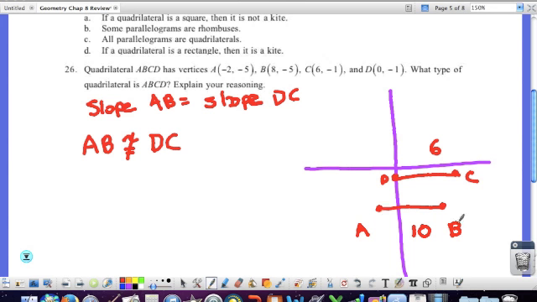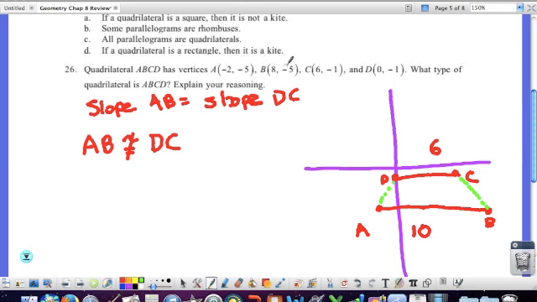And B should be all the way over here. Okay. Now, so this looks like it's probably a trapezoid. I want to determine whether it's an isosceles trapezoid or not. So the way to do that is to find the length of the legs. If the length of the legs is equal, then it is an isosceles trapezoid.